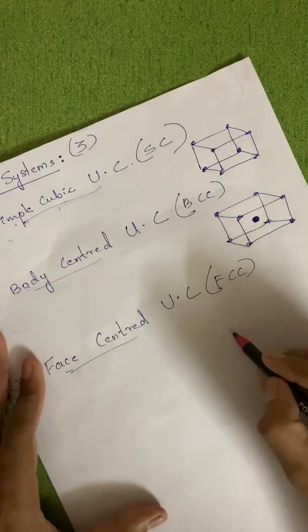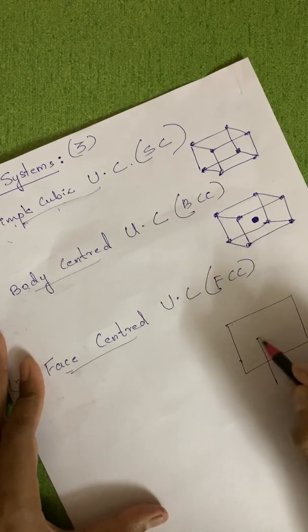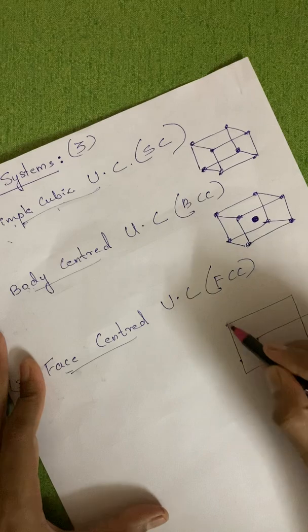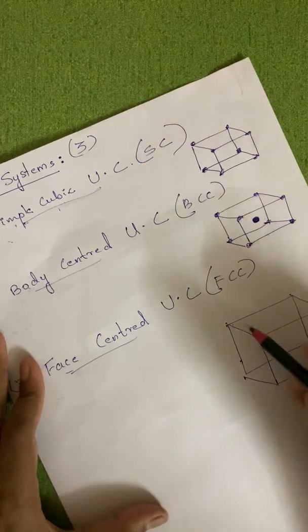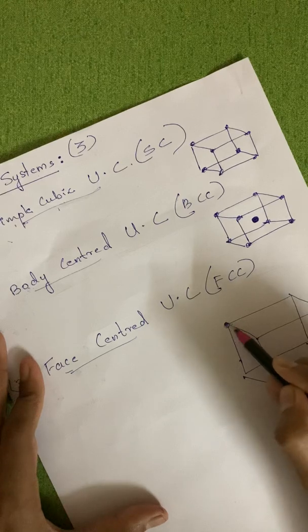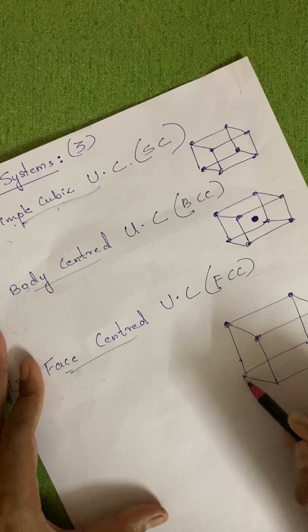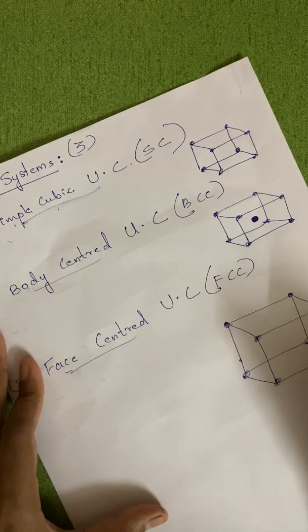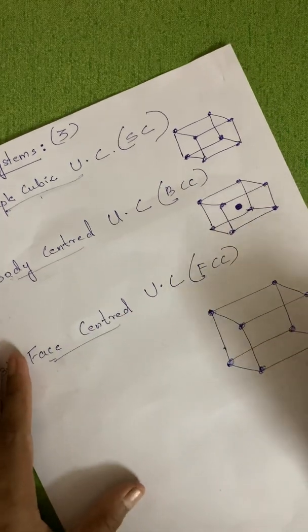The last one is face centered unit cell. Now what do you mean by face centered unit cell? Similarly, they will have one constituent particle at each corner. In addition to that, they will have one particle in each of the faces.